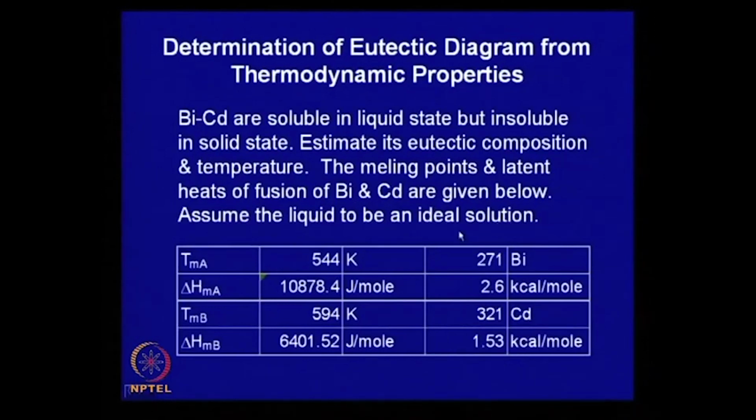The melting points and latent heats of fusion of bismuth and cadmium are given below. Assume the liquid to be an ideal solution, and since pure bismuth and pure cadmium are precipitating out, we can assume that their activity will be equal to 1. The melting point of bismuth is 271 degree centigrade, and its latent heat of fusion is 2.6 kilocalorie per mole.